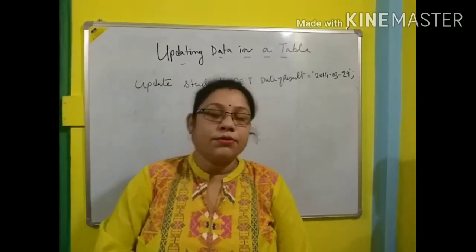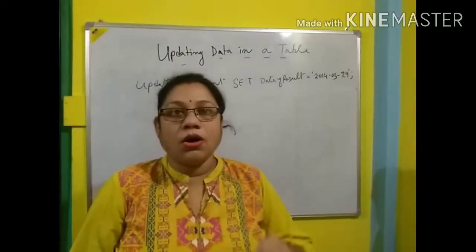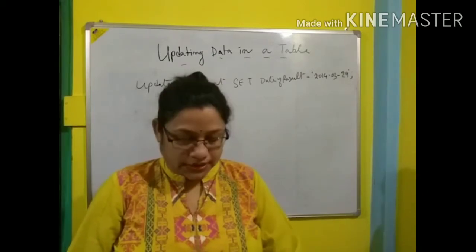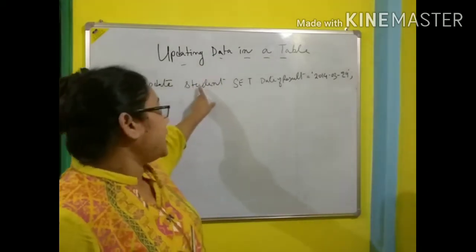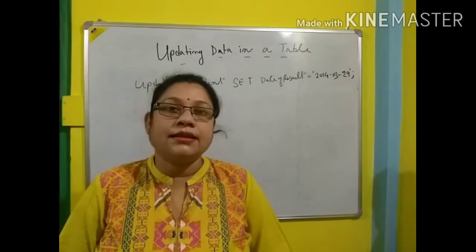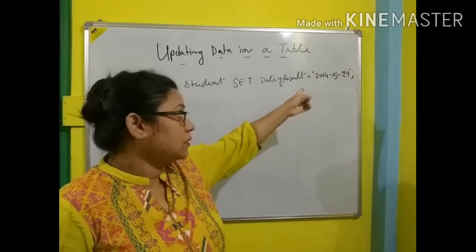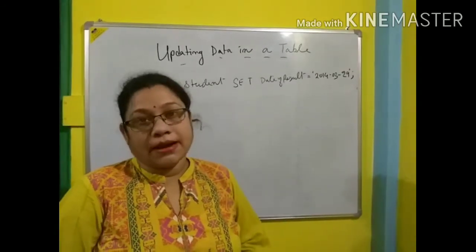So if here we are not using the where clause, that's why all the rows present in the student table are affected, and the date of result is changed to 29th of March.